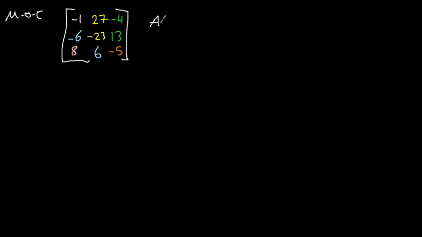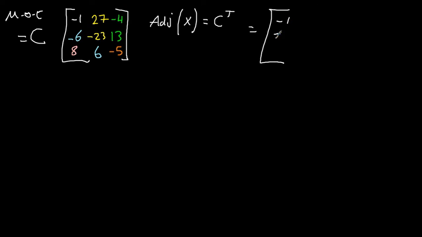Now we need to find the adjugate of our original matrix, x. So that is equal to the transpose of the matrix of cofactors. I should have labelled that as C really. So you write it down, take the first row, make it a column: minus 1, 27, minus 4. Take the second row, make it the second column: minus 6, minus 23, 13. Take the third row, make it the third column.